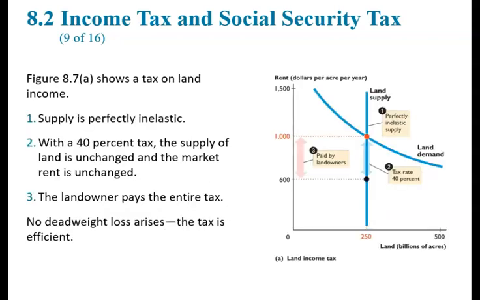We will take a look at this graphically in this slide. The supply of land is perfectly inelastic, shown by this vertical supply curve. If that is the case, let's suppose that the tax imposed in this market is 40%. It would mean that the whole 40% of the tax will be on the landowners, the suppliers of land.